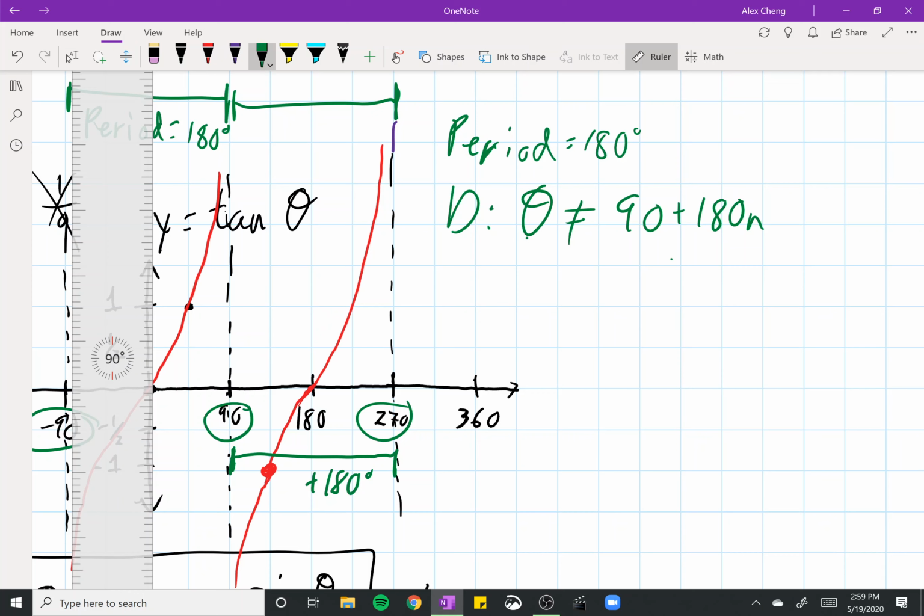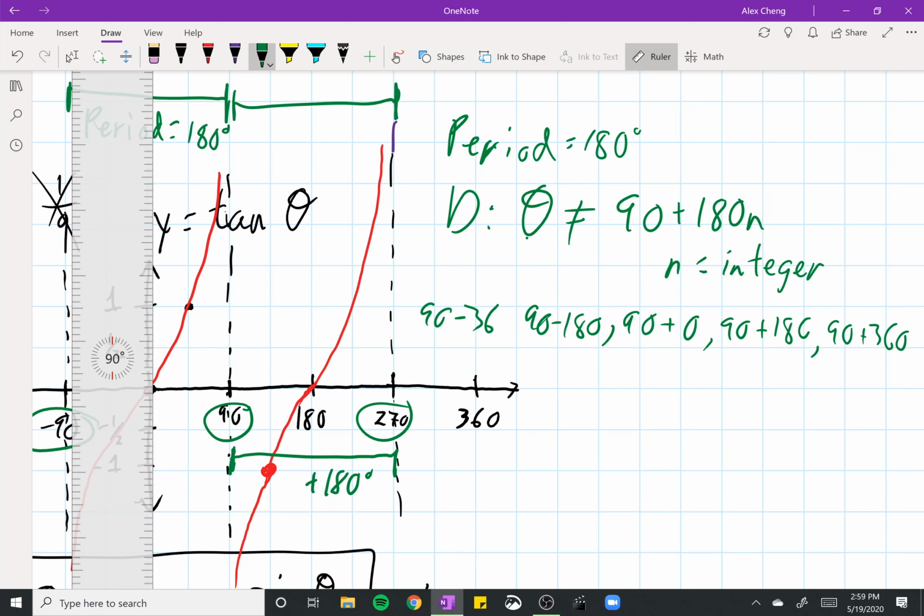And this is implied that n equals an integer. So this was like saying 90 plus 0, then 90 plus 180, 90 plus 360, and also backwards, right? 90 minus 180, 90 minus 360, etc., etc. So this covers all those bases.